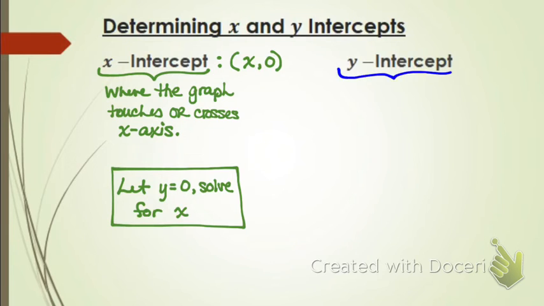From a graphical perspective, what is a y-intercept? It's where the graph touches or crosses the y-axis.